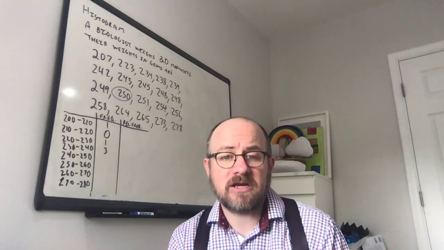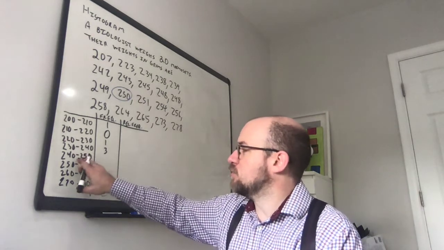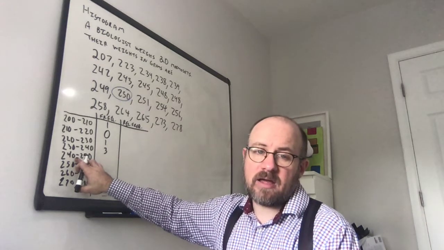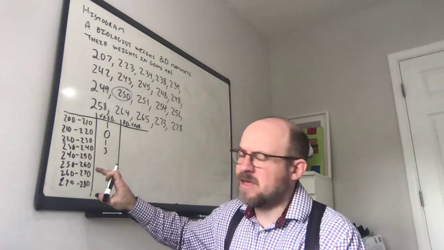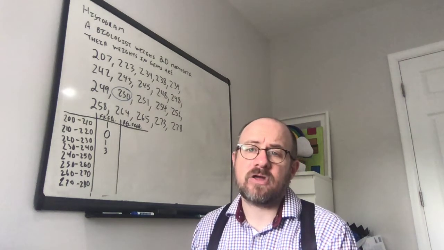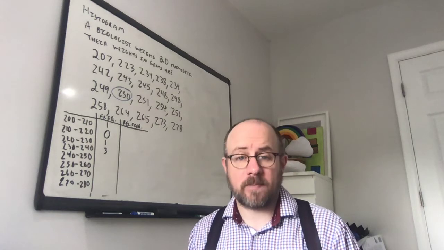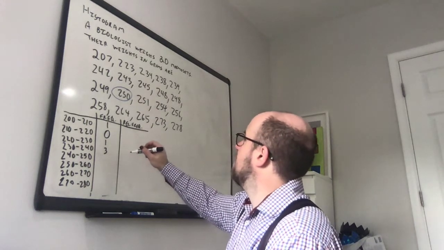So my recommendation, and just a rule of thumb, is that you put it in the first one that it fits in, and then leave it out of the second one that it fits in. That's probably a good rule of thumb. If you want to do it the opposite way, you can, but make sure you just keep it in one, okay? So 240 to 250, we're going to place it in there.